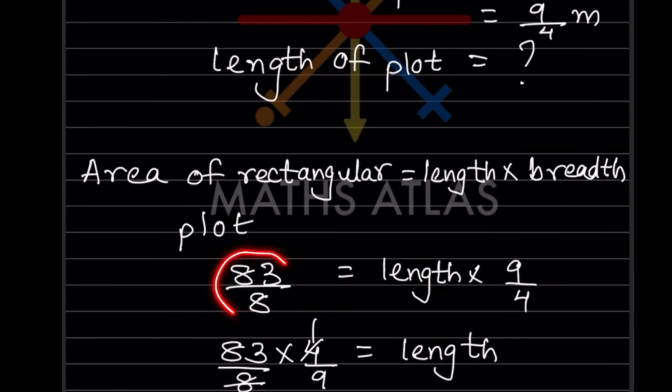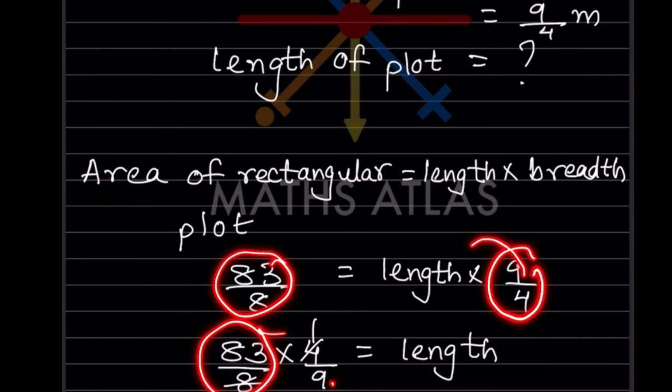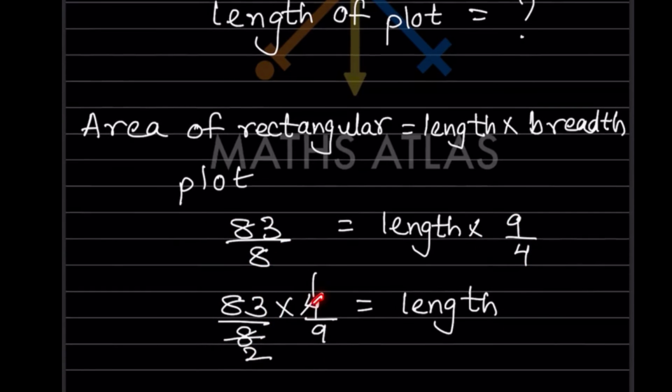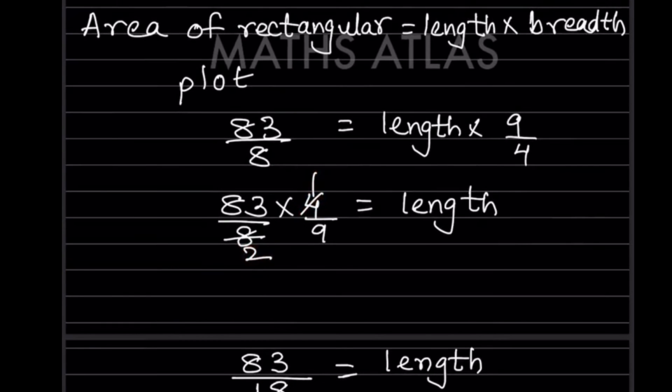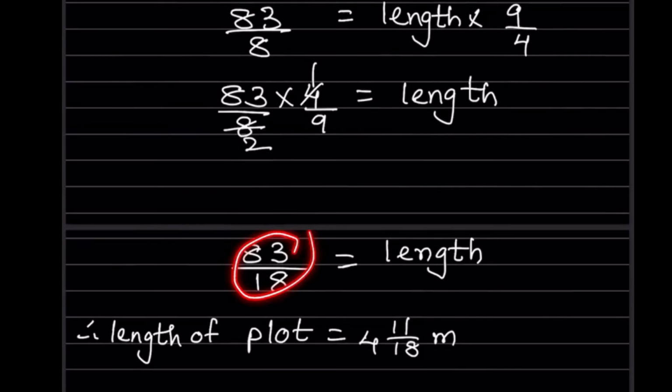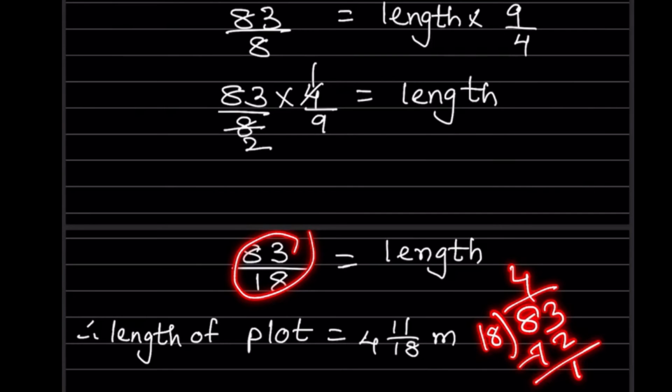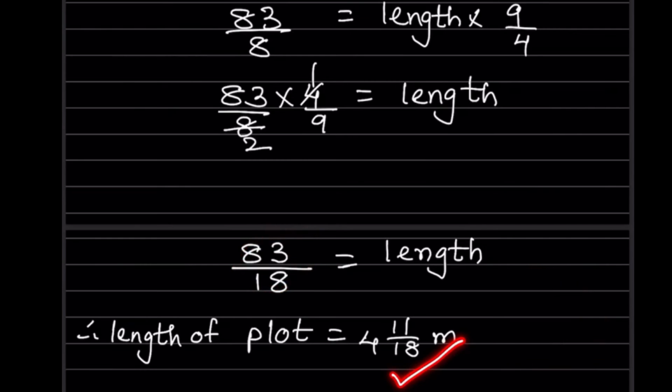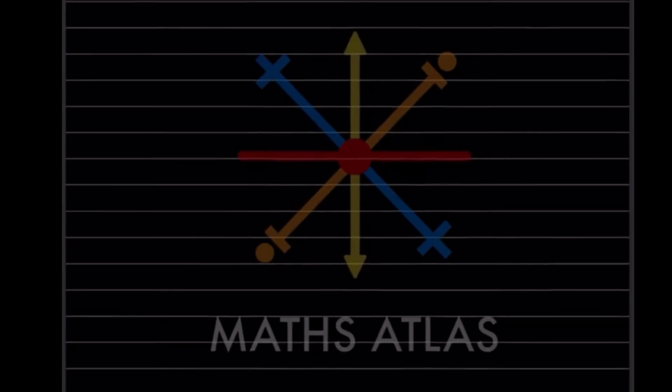So now what will you write here? 83 by 8, and this is going to come here, means that is going to be 4 by 9, that is the length. So 4 1s are 4, 2 9s are 18. So this is going to be 83 by 18, that is the length. So 83 by 18, how can we write it? 18 4s are 72, so the remainder is going to be 11. So 4 integer 11 by 18. So the length of the plot is 4 integer 11 by 18 meter.